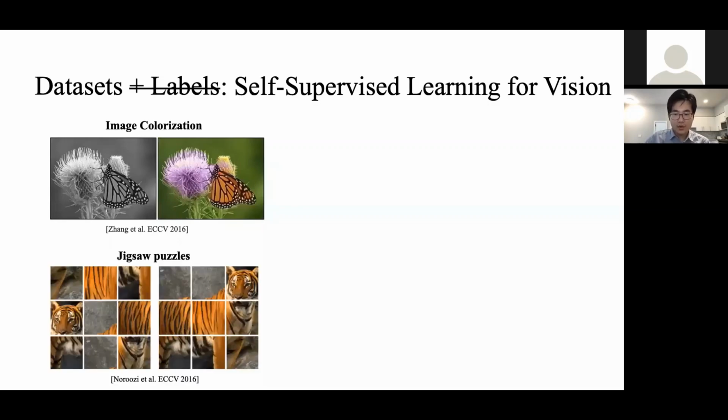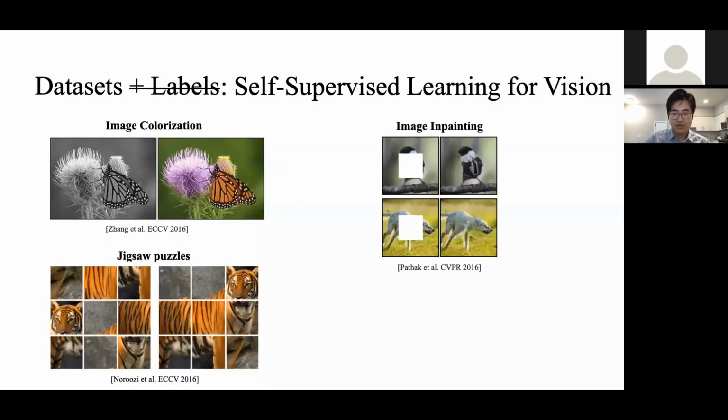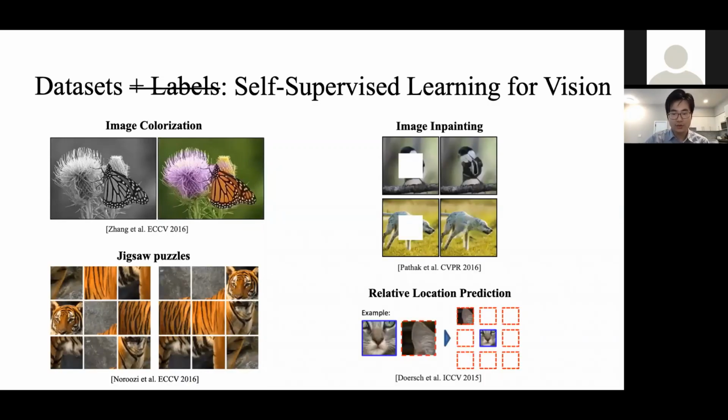And similarly, we could do jigsaw puzzles, image inpainting, and relative location prediction to learn the representations. All those tasks are with free labels, as the images are everywhere. And actually, we've already seen some promising progress in the self-supervised learning stage using these 4 types of very basic operations. So the learned features from those tasks could be directly applied to downstream tasks, like image captioning directly.